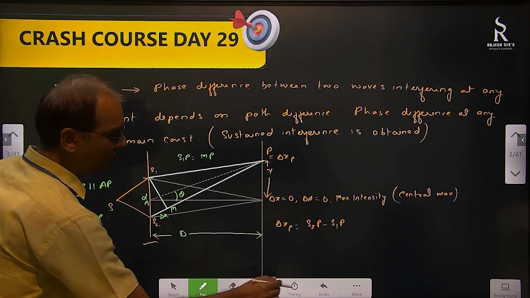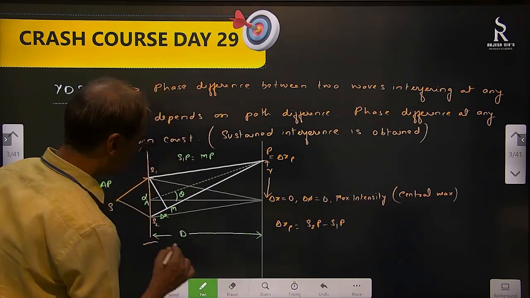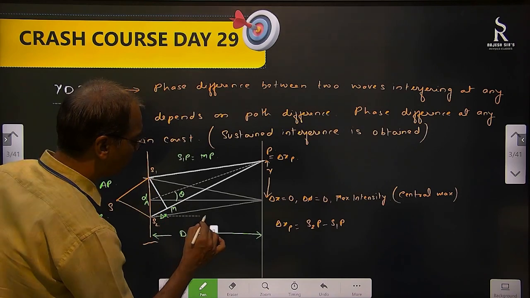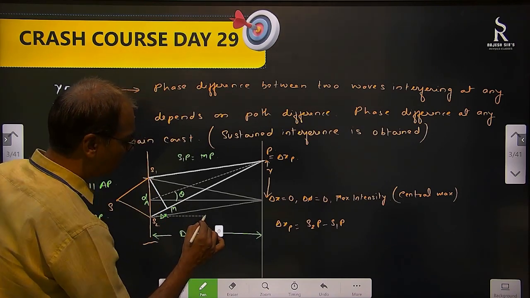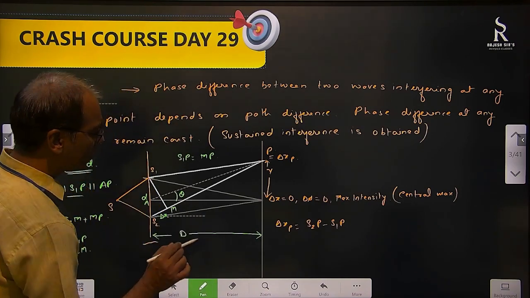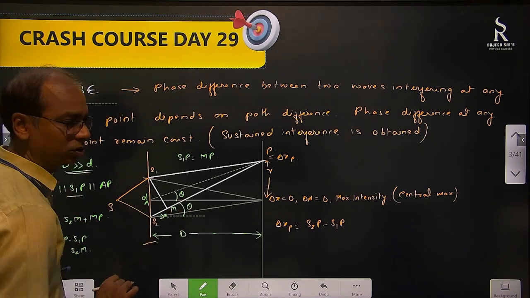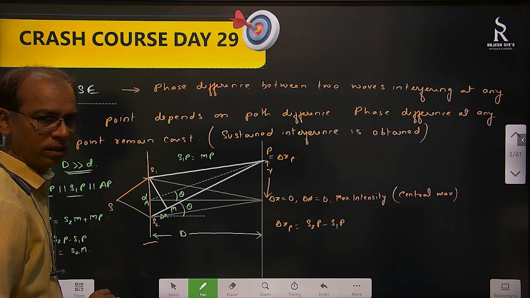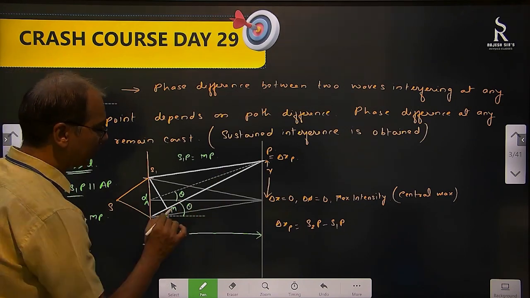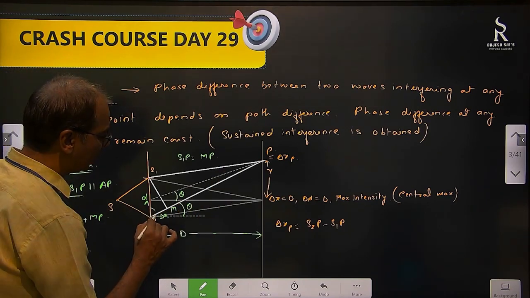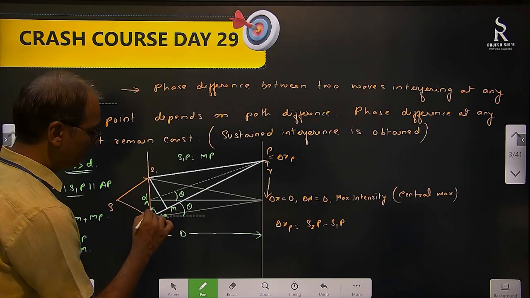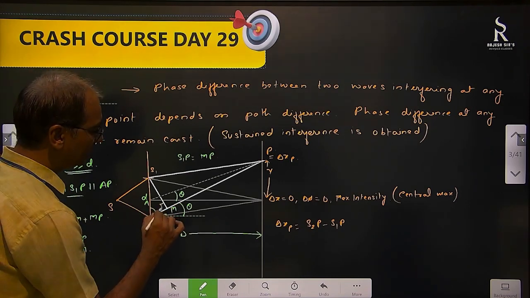Now this derivation actually is not important for you, but I'm just showing it, because we want the conclusion. If this is theta, this is also theta. This line is making theta with the horizontal, so this angle will be 90 minus theta, and this is 90, so this is also theta.